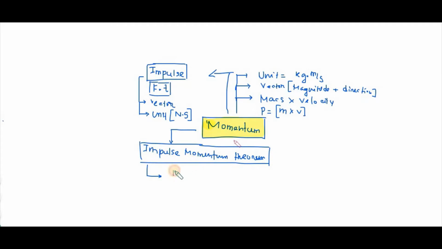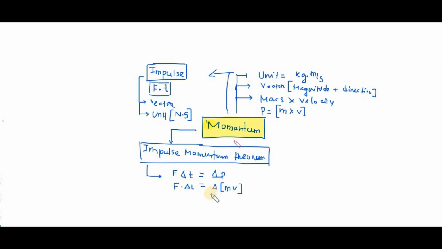So the impulse, force times delta t, is equal to the change in momentum, delta p, which can be represented by delta of m v. That defines the impulse momentum theorem.